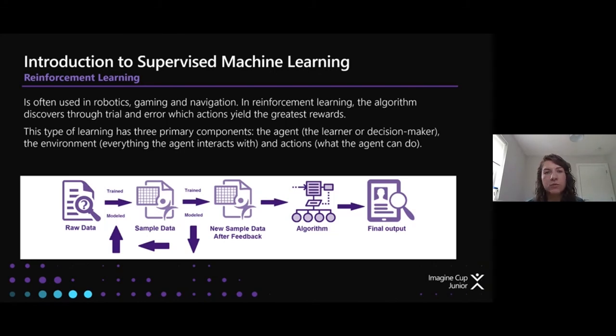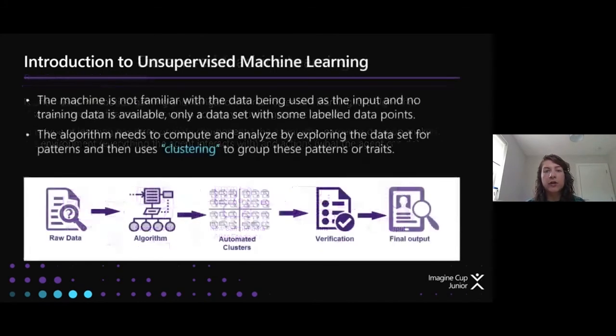But chatbots can also be created using unsupervised machine learning as well. So this is when the machine is not familiar with the data being inputted, and generally it's not really labeled very much. There might be a couple of labeled data points, but that's kind of all it has to work with. So what it needs to do in this instance is it needs to analyze the data set and look for patterns.